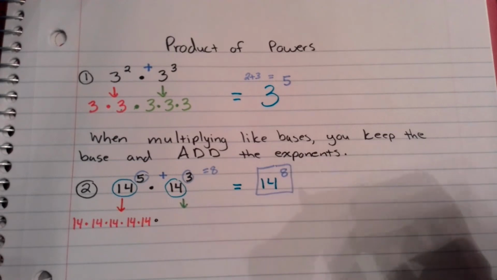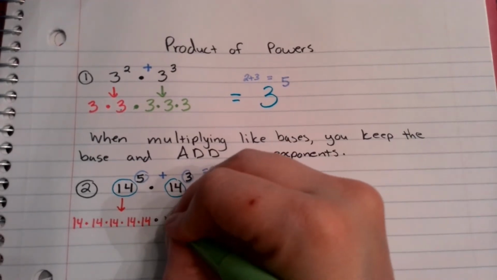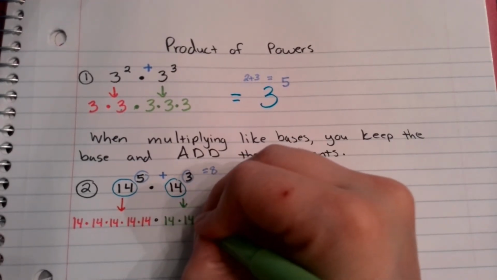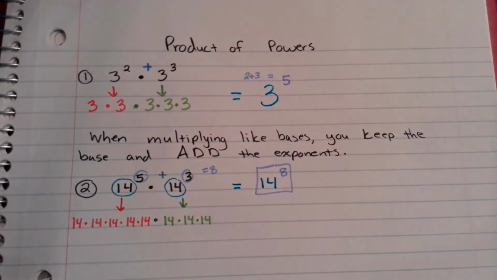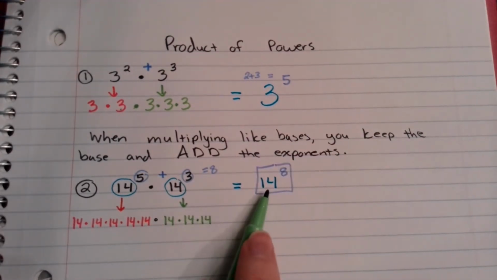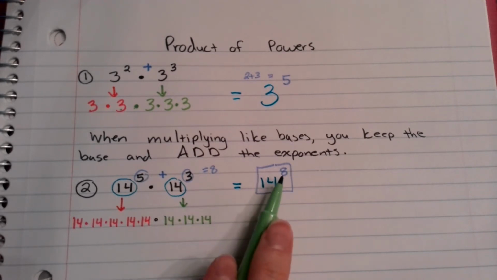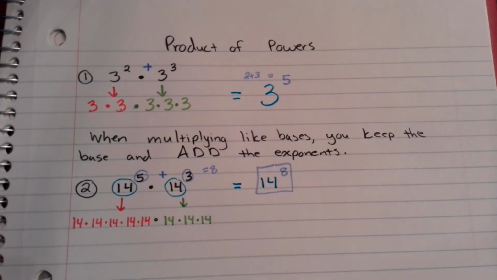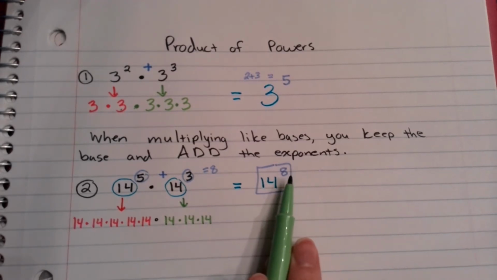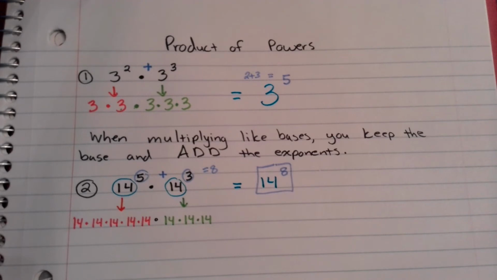So let's write 14 to the 3rd power out. 14 times 14 times 14. Okay, I've got all these 14s, so my base is 14. And let's count how many there are. 1, 2, 3, 4, 5, 6, 7, 8. So we have 8 14s. 14 to the 8th power. Let's take a look at another one.